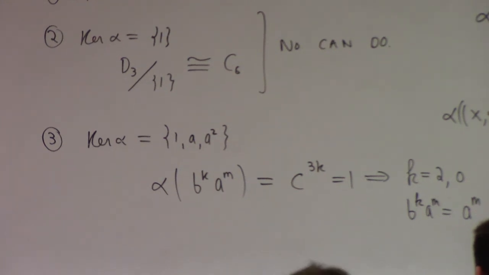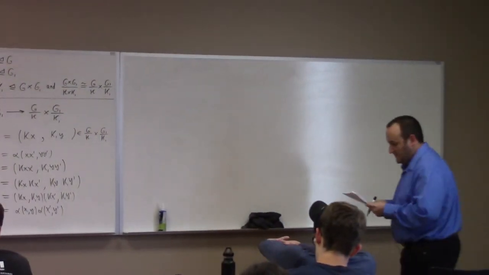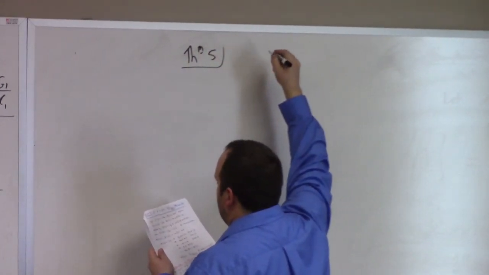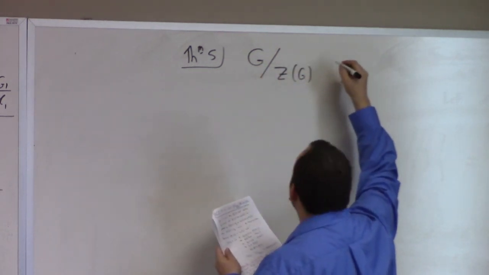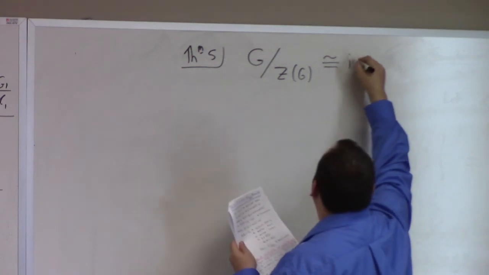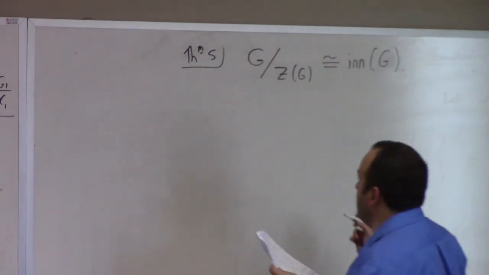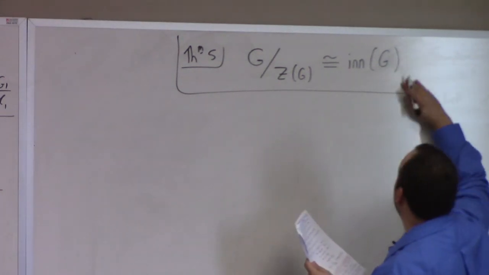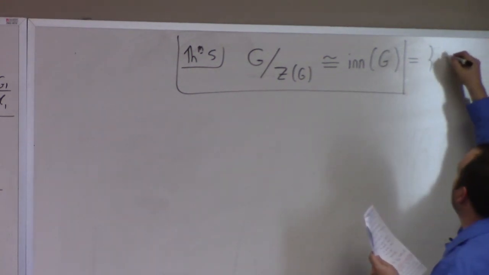So to apply the first isomorphism theorem, you've got to have some kind of insight, like what map should I use to do it? And sometimes that's not obvious. It's Theorem 5. It says that G mod the center of G is isomorphic to the inner automorphisms of G. And you recall the inner automorphisms of G are conjugations, exactly.